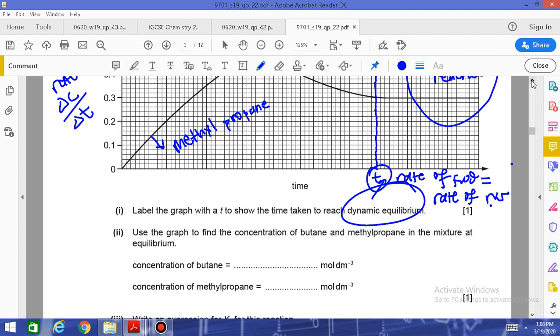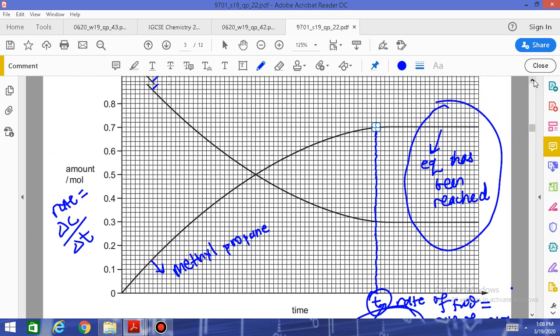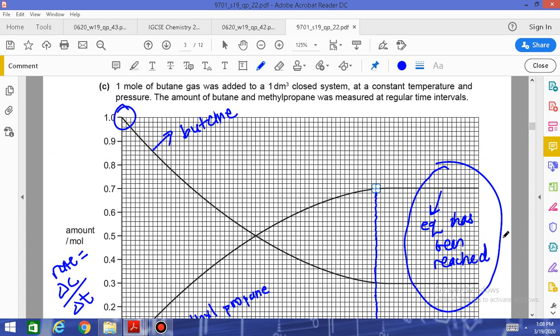The concentration of butane at equilibrium. So just look at the horizontal straight line and make a horizontal line, this one, and then you can find the concentration.